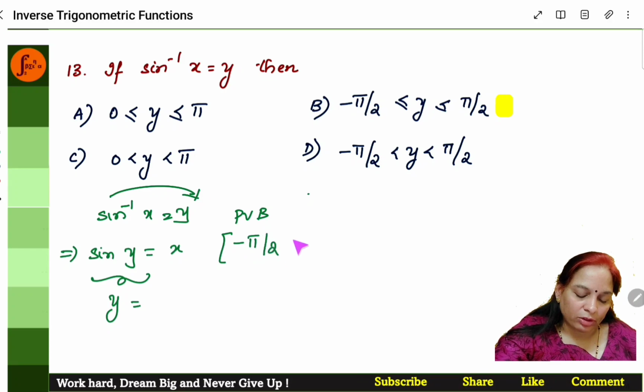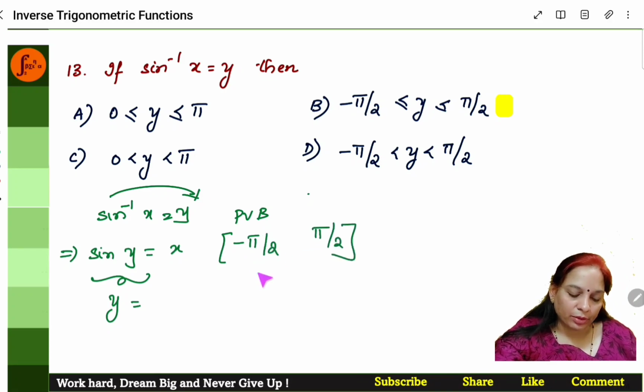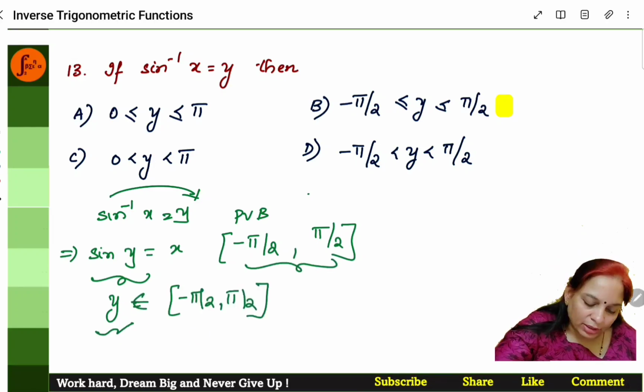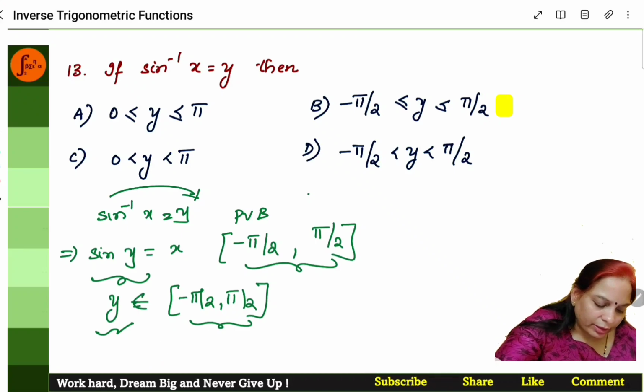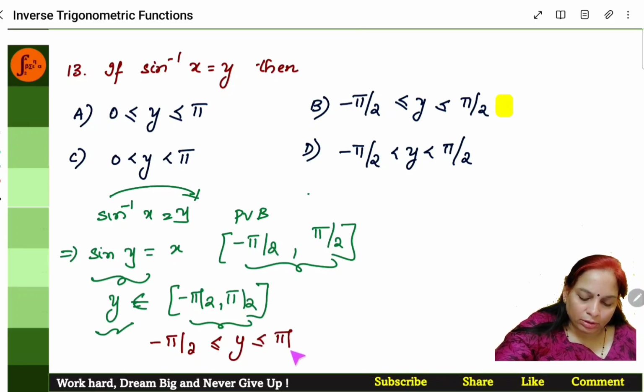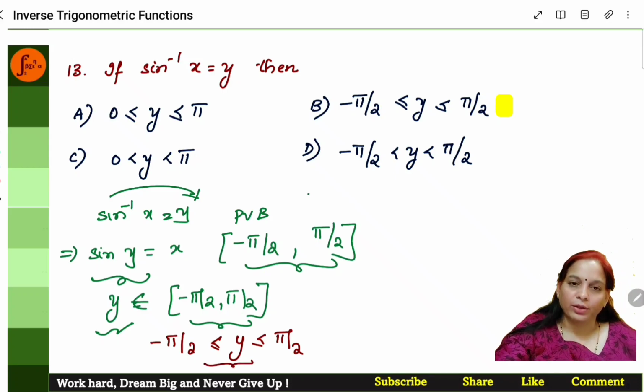What is the principal value branch? Minus pi by 2 to plus pi by 2. Within this range is what you will get the value of y. So you will write minus pi by 2 less than or equal to y and less than or equal to pi by 2. So between this minus and plus value, you will find this y value. So this is the right answer.